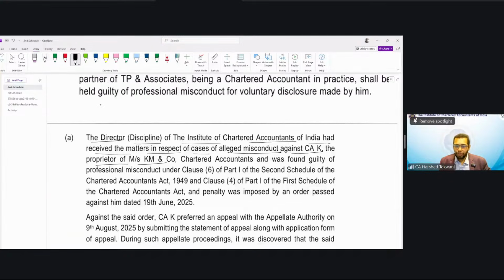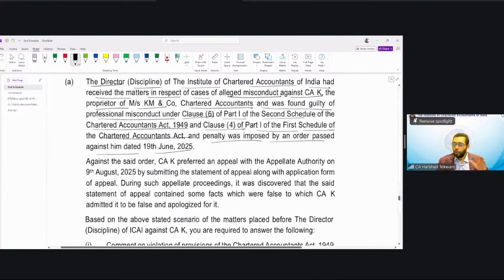KM and Company, Chartered Accountants, and he was found guilty of professional misconduct under Clause 6, Part 1 of the Second Schedule of the CA Act and Clause 4, Part 1 of the First Schedule of the CA Act. And a penalty was imposed by an order passed against him dated 19 June 2025. Okay, so there was a case which was presented in front of the Director Discipline.